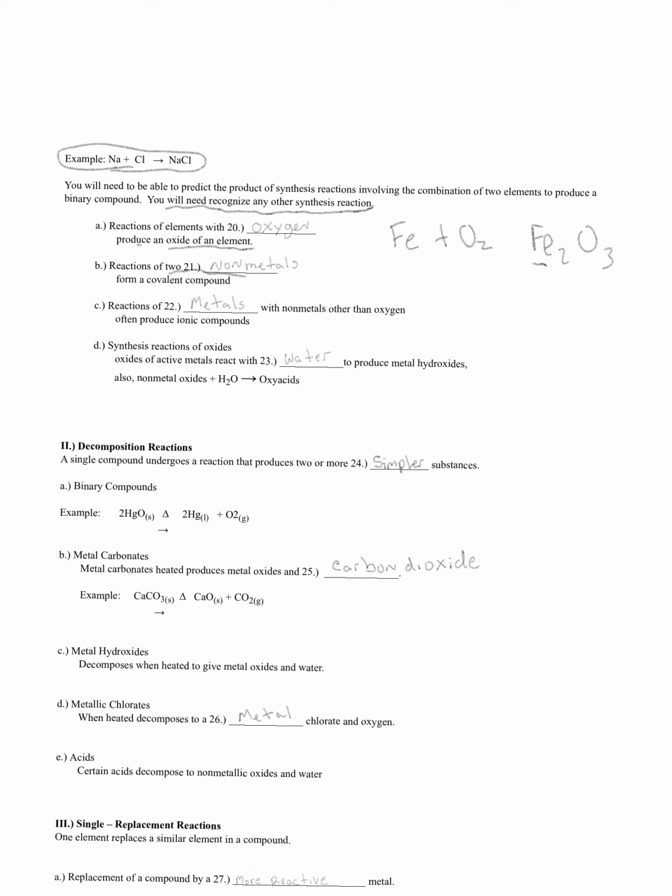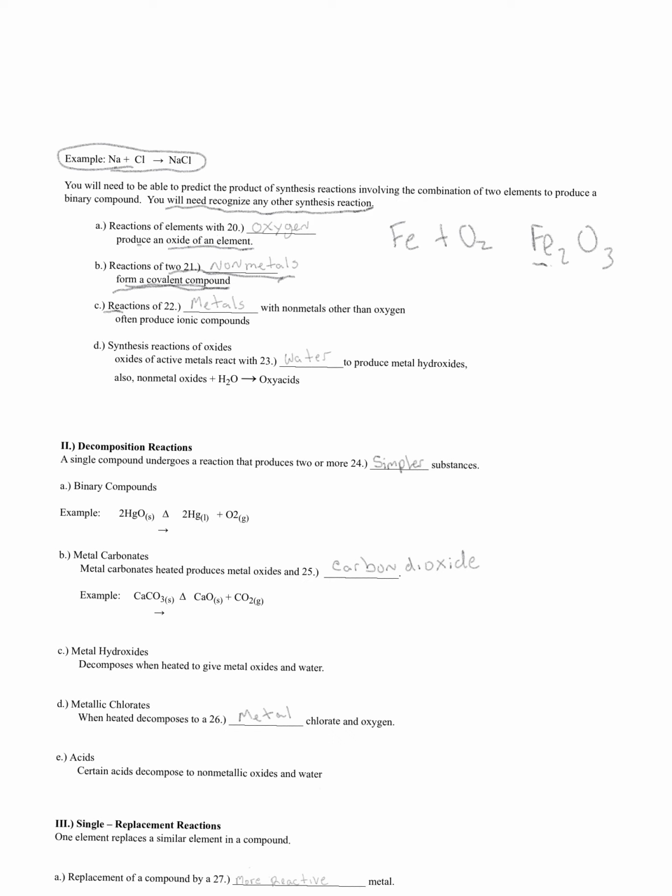Reactions of two nonmetals form covalent compounds. Why? Because the electronegativity is relatively close, so the atoms are going to share valence electrons. So you're going to produce a covalent compound.